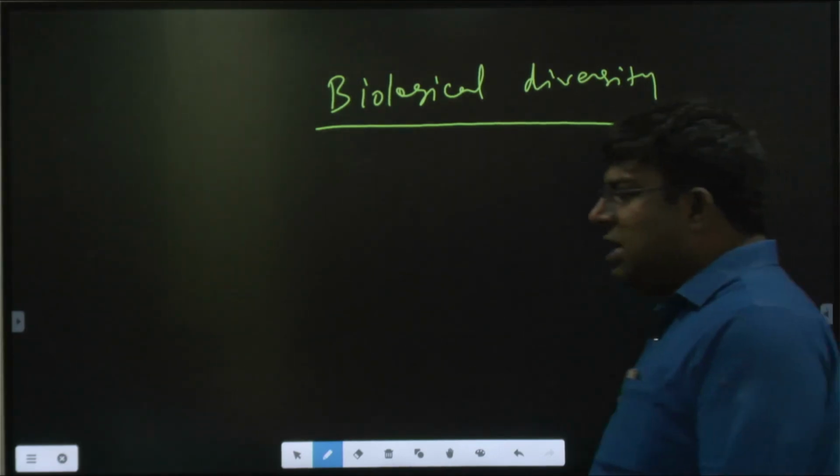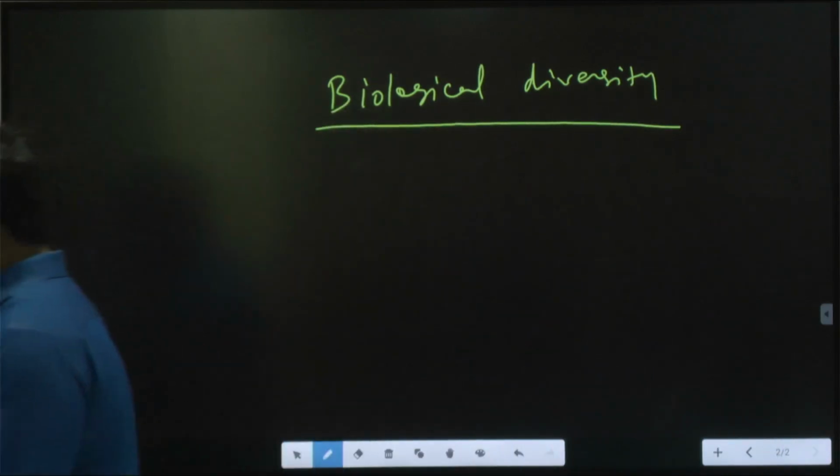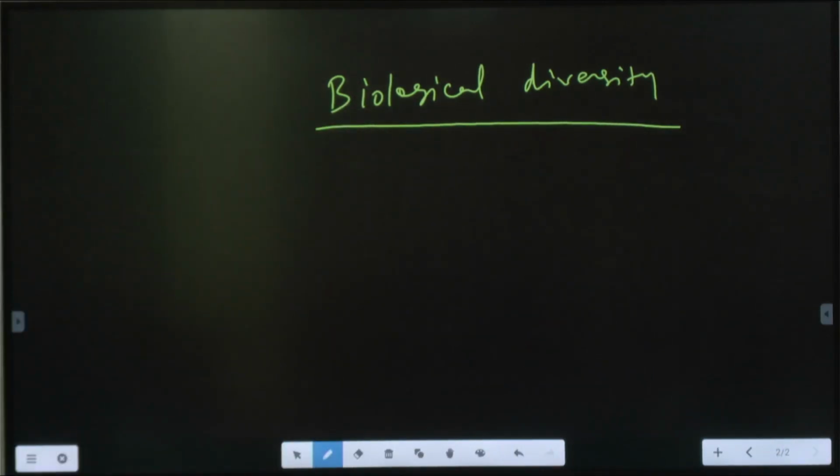It is also known as ecosystem diversity.